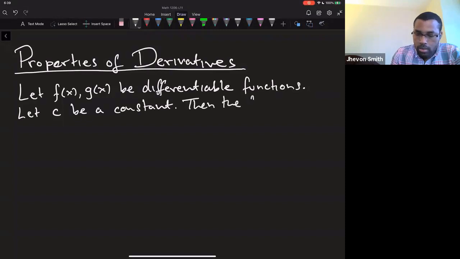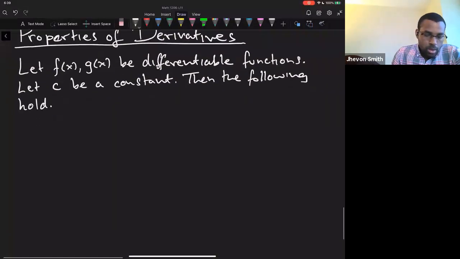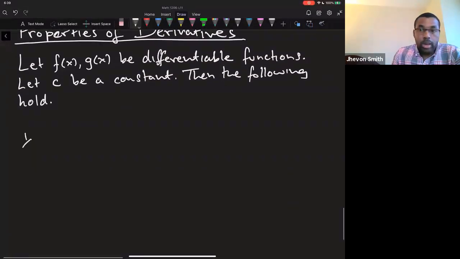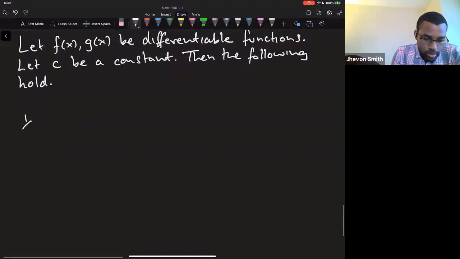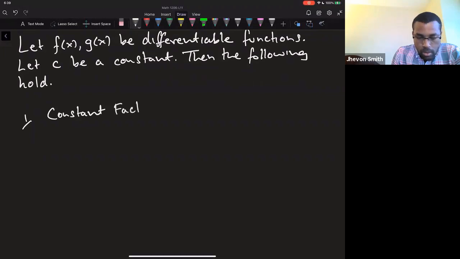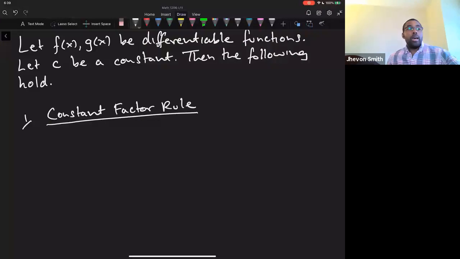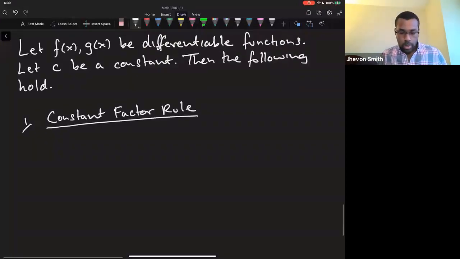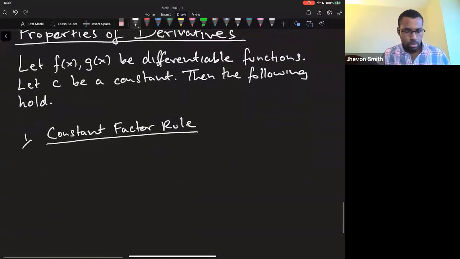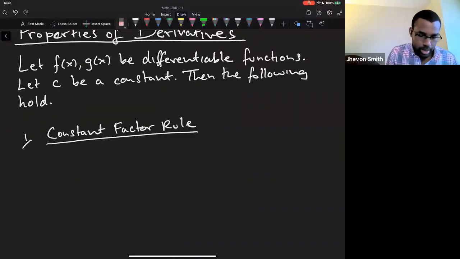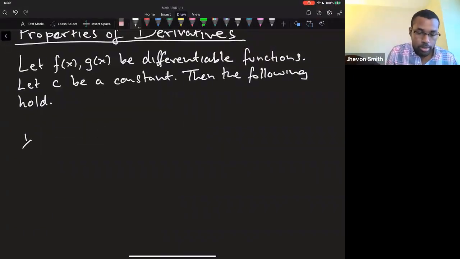Then the following hold. One, there is a property called the constant factor rule. Basically, this is similar to that property of limits where you can factor out constants.